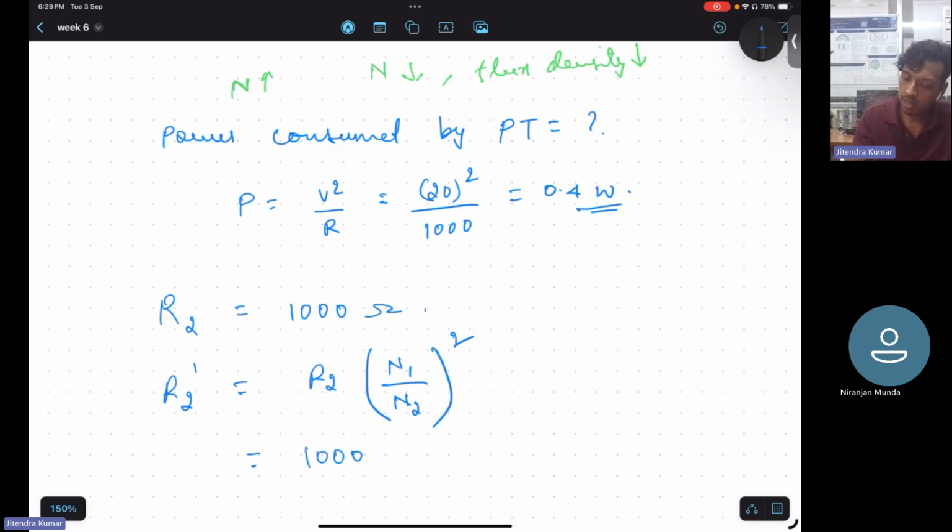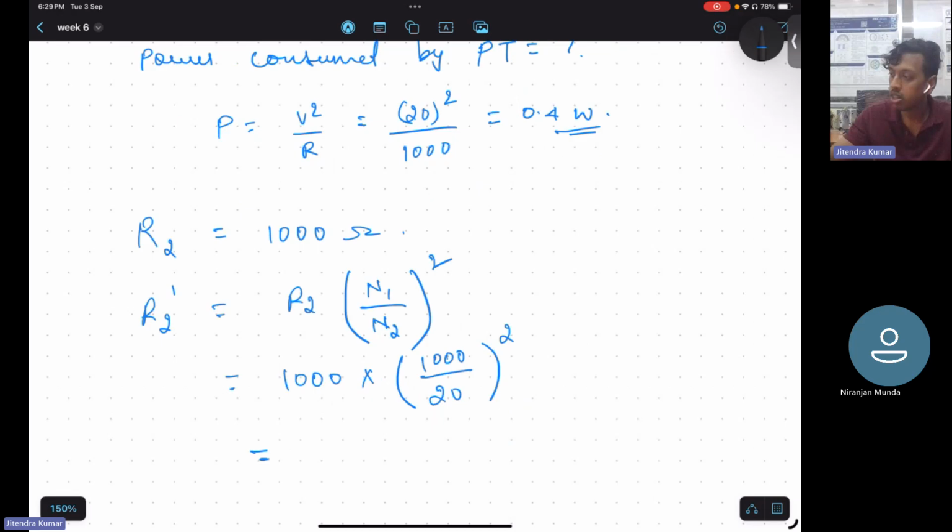Now it is 1000 into N1 by N2, that is 1000 by 20, squared. So how much will it come out to be? 1000 into 50 square, so it is 2.5 mega ohm.